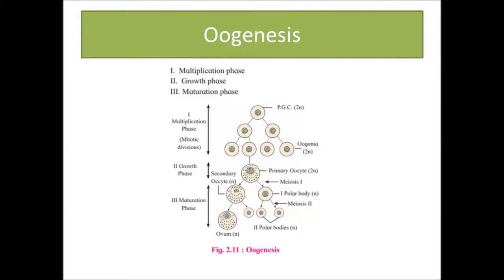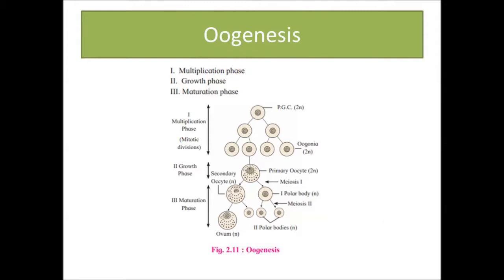Here is the diagram of oogenesis, or the division of the primary germinal cells into the ovum or the egg. First phase, the multiplication phase.